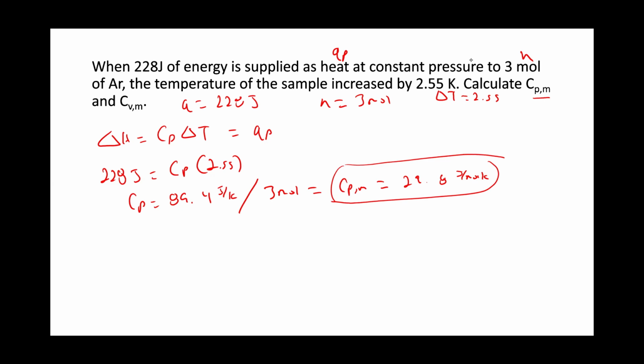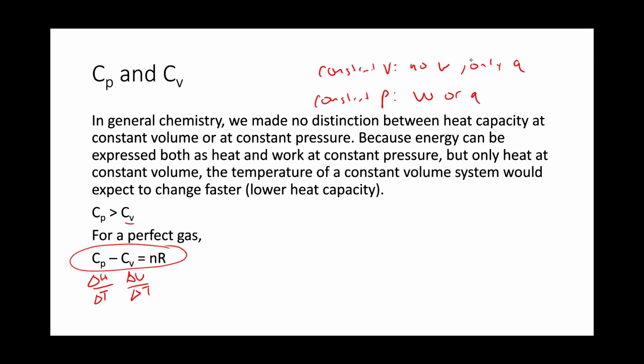Now to calculate the constant volume heat capacity, we're going to assume that this is a perfect gas. That's the only way we can relate constant pressure and constant volume.